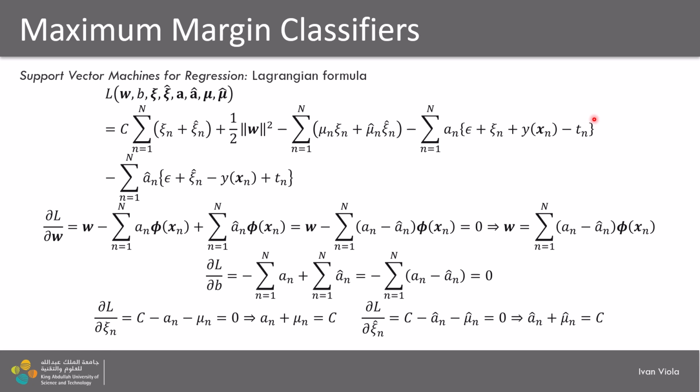So with this we are maximizing the margin, and here we are also maximizing the margin on the bottom. And then, again, as we did before, we can derive out the primal variables, the W and the B, and also the slack variables xi n and xi hat n.